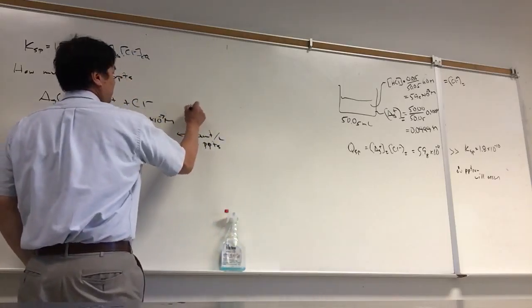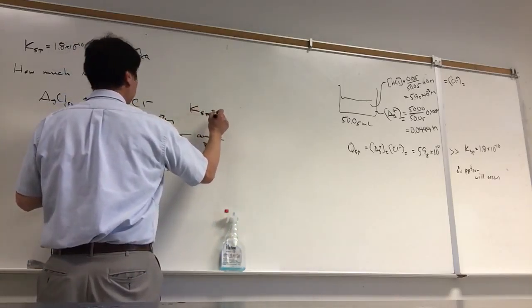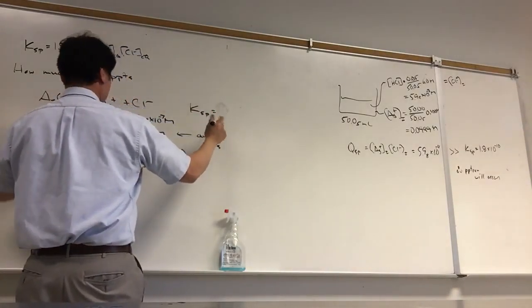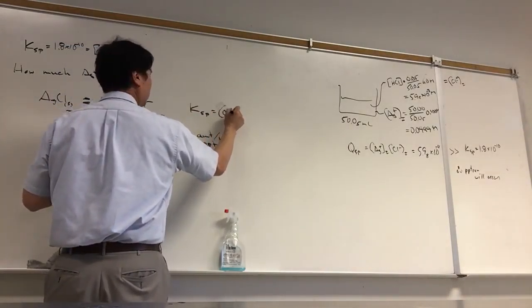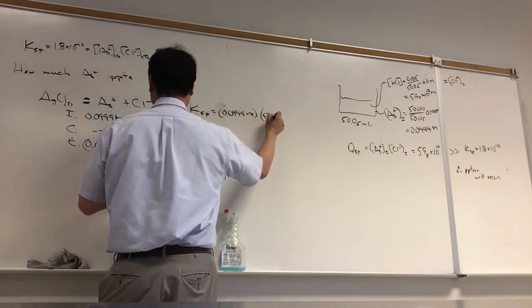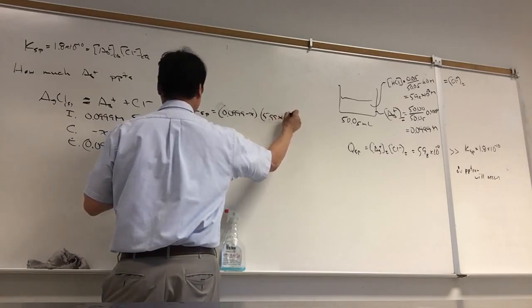So we can plug this into the KSP equation. I just wrote it up there, so I'm not going to write it here. It's just going to be 0.0999 minus x times 5.99 times 10 to the minus 3 minus x.